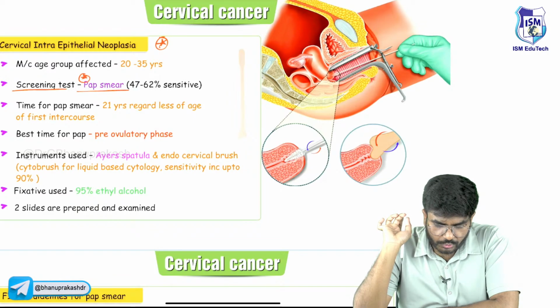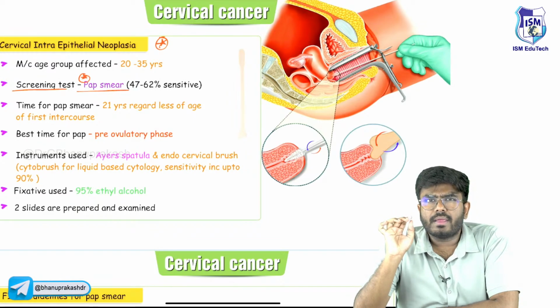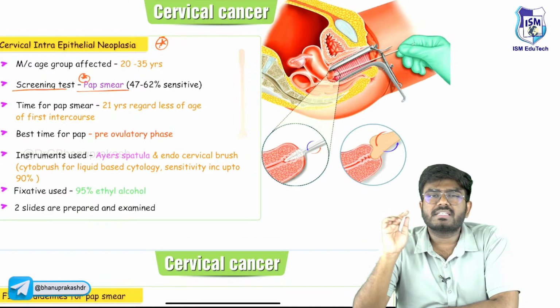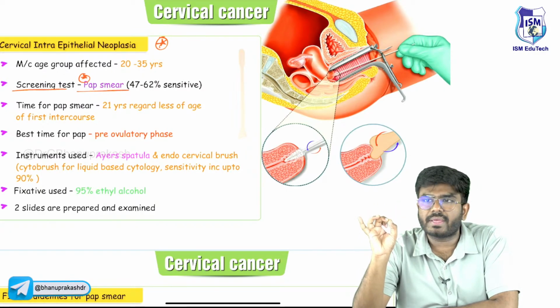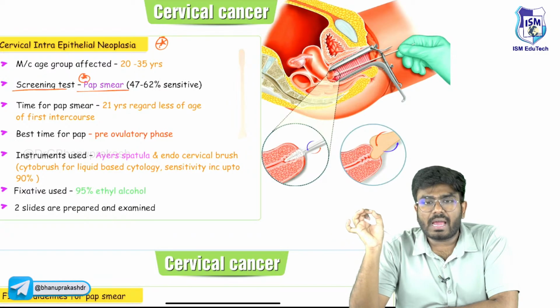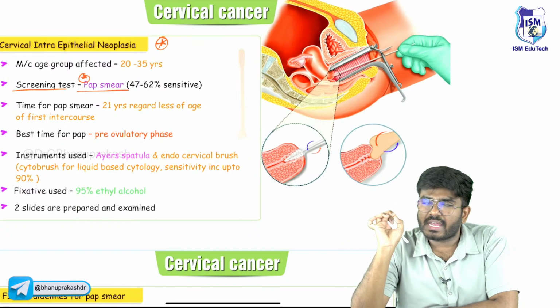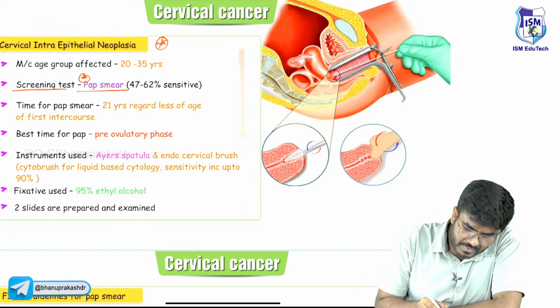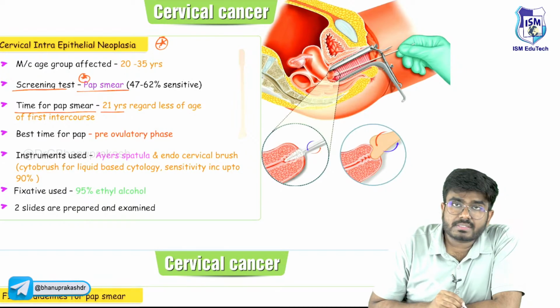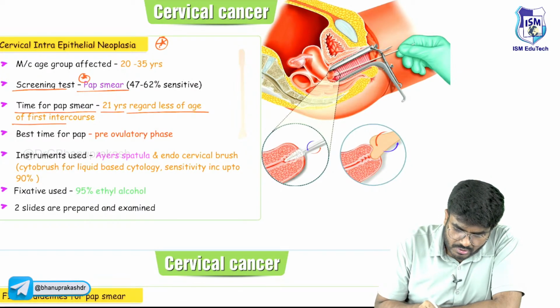Now, the point which I want you to know is, every female, regardless of whether she had intercourse or not, from the age of 21 years, has to take this screening test, which is called a pap smear. The starting time for the pap smear is 21 years, regardless of the age of first intercourse.